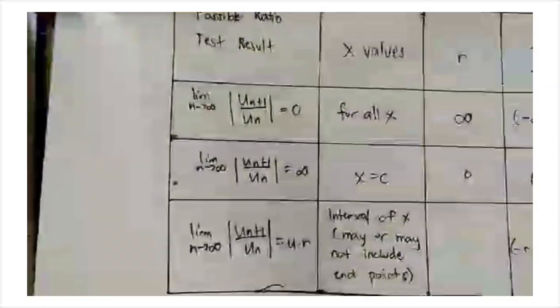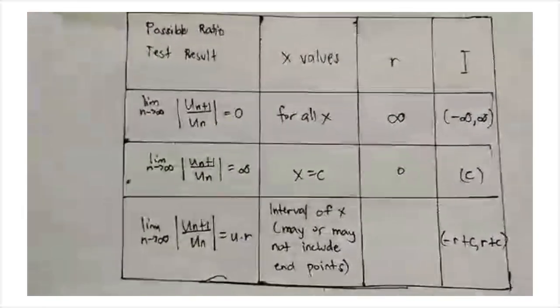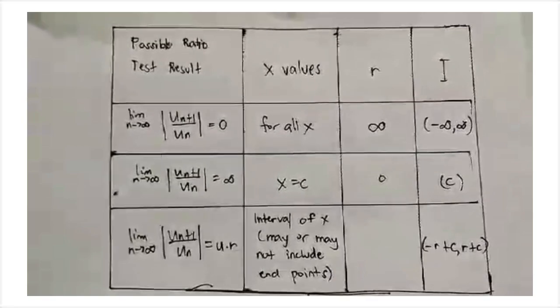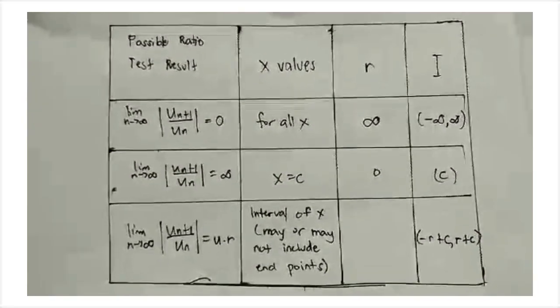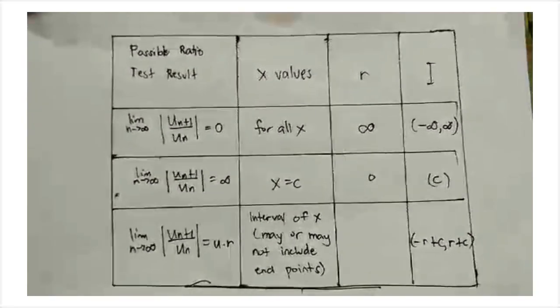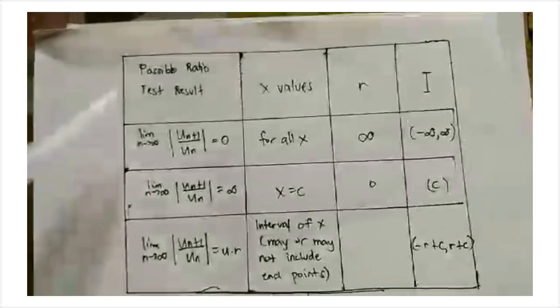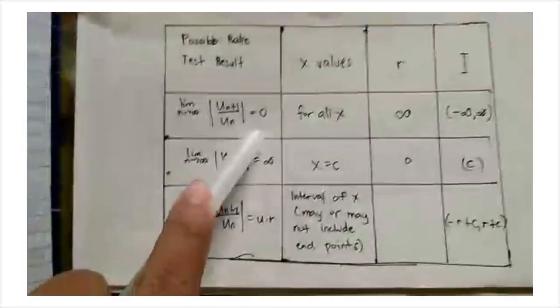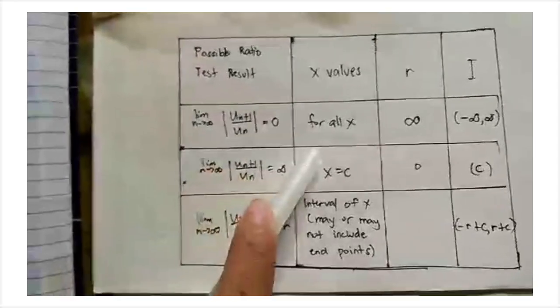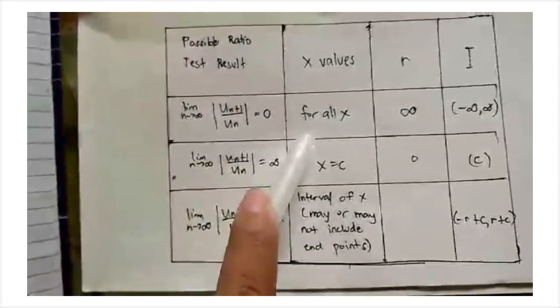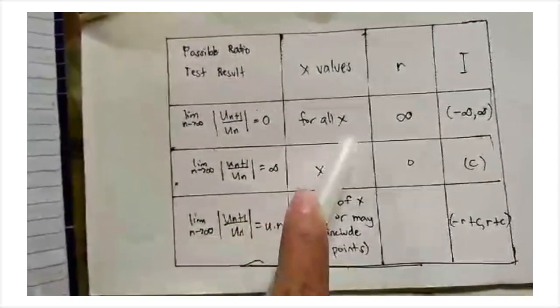Same as this table, for you to easily understand how to get the radius and the interval of convergence. As you can see, if the ratio test result is equal to 0, the series will converge for all x, which is the second possibility.